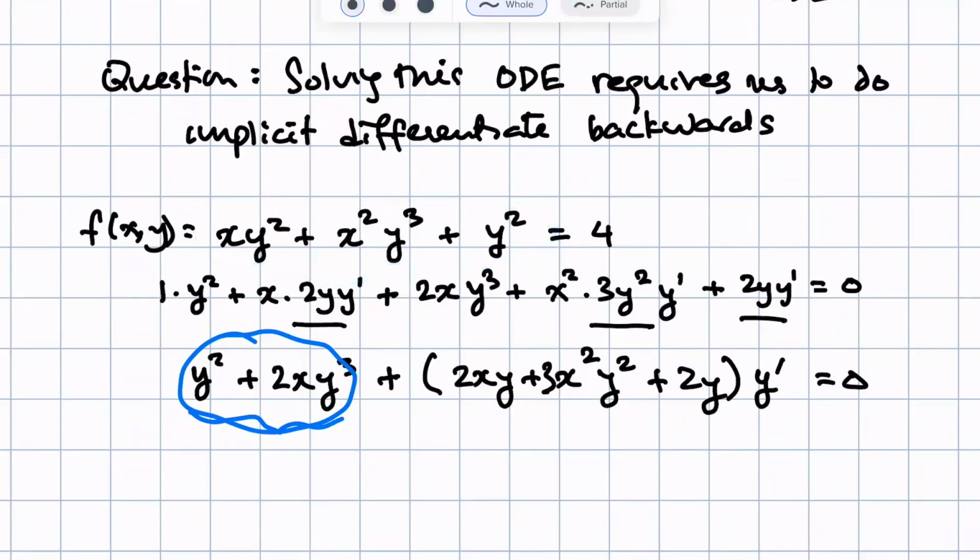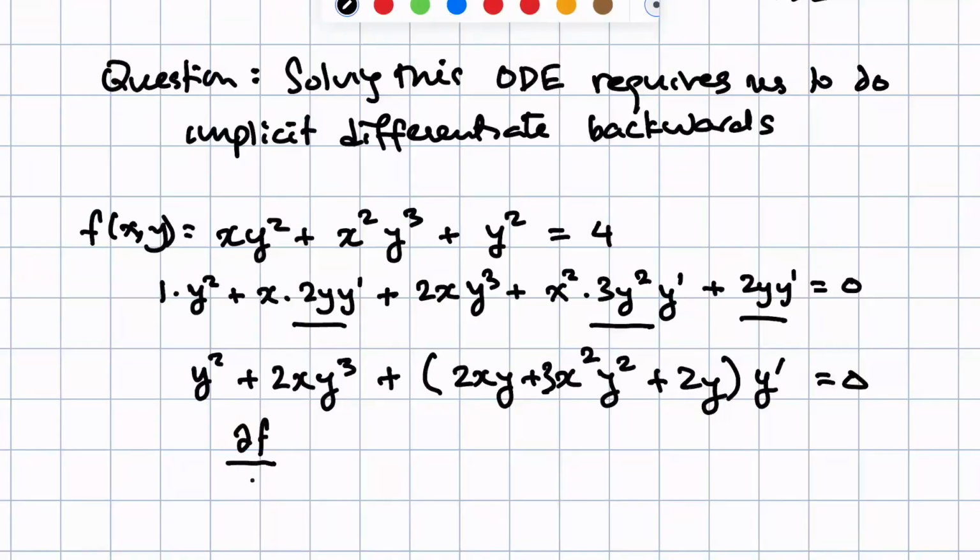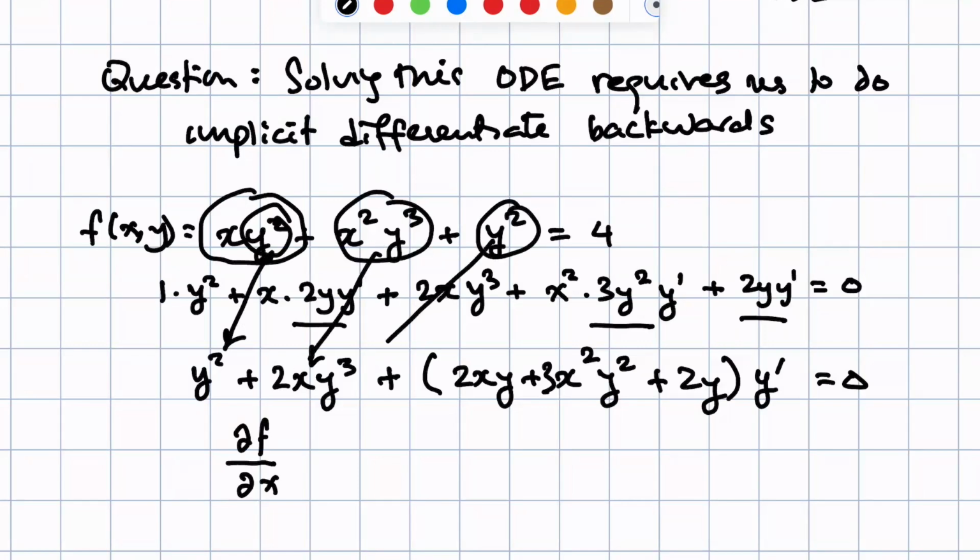So if I differentiate f partially with respect to x, you get a y squared, and then if you do x, you get 2xy cubed, and then for x, you get nothing.